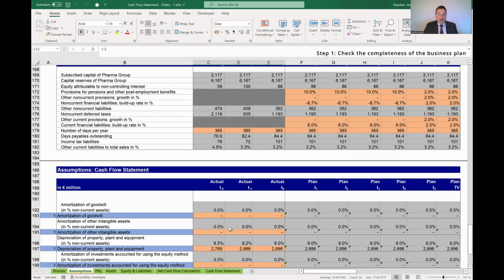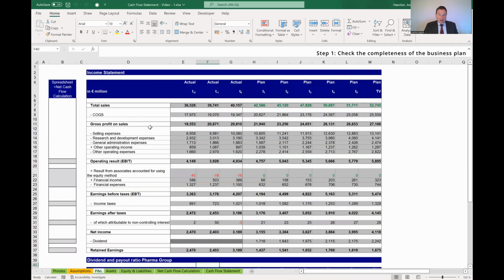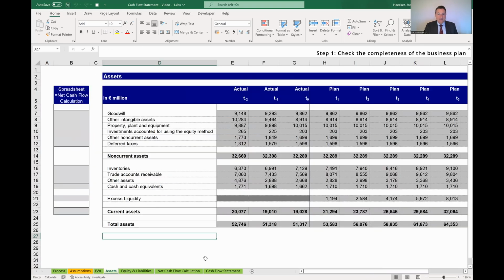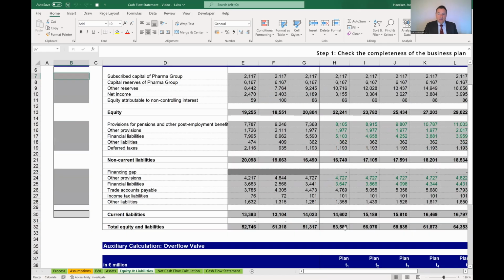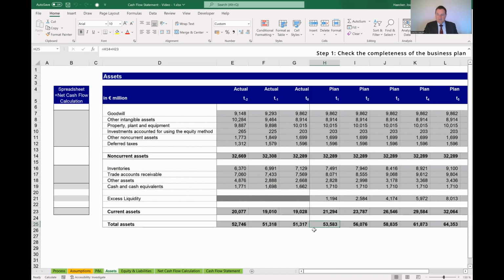And finally, we also came up with the assumption for the depreciation and amortization. Based on that, we came up with the next 5 years of the P&L, including the planned terminal value, and also calculated the dividend, and we derived the asset side, we derived the equity and liability side, in order to make sure that total equity and liability equals total assets.